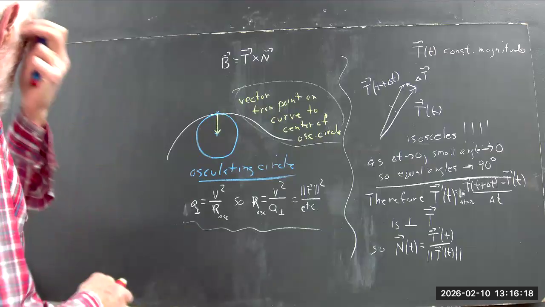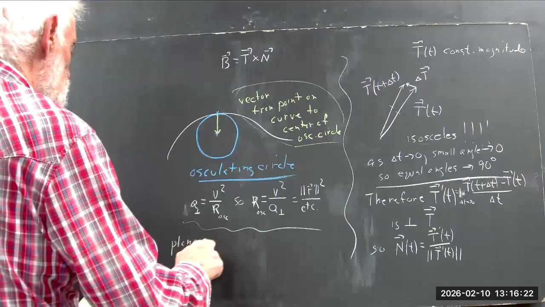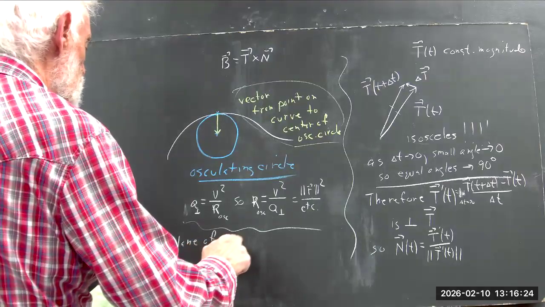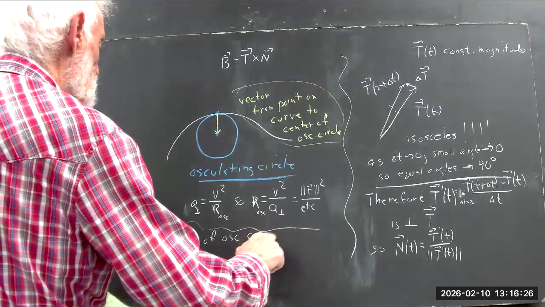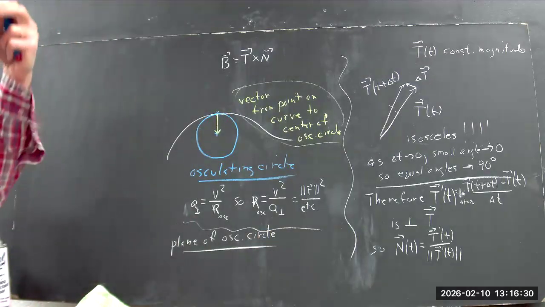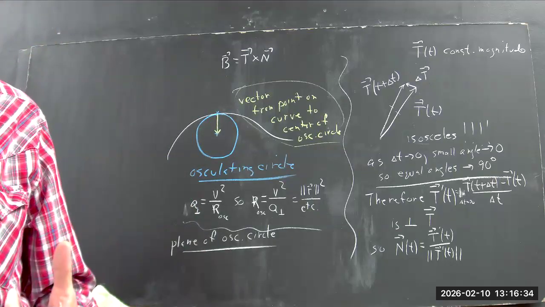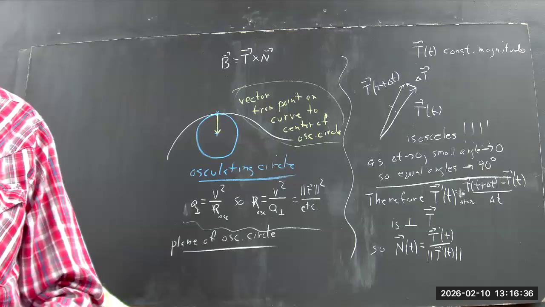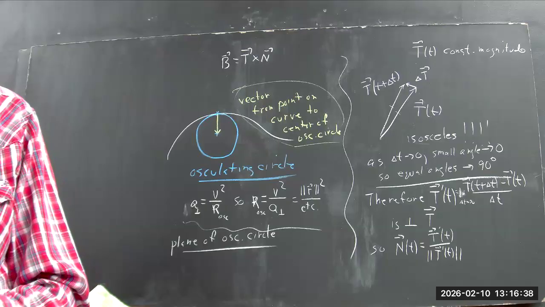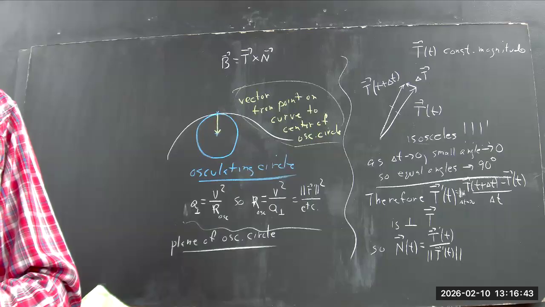What's the plane of the osculating circle? What do you need in order to define a plane? Well, a point and a normal vector would be good, right?